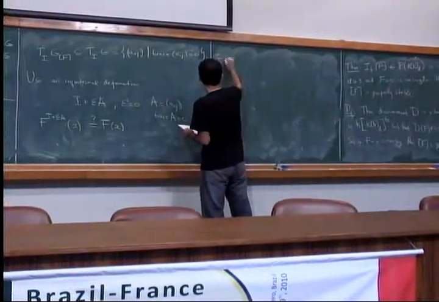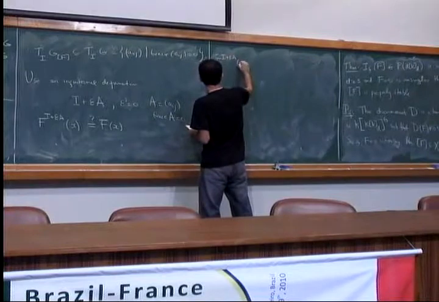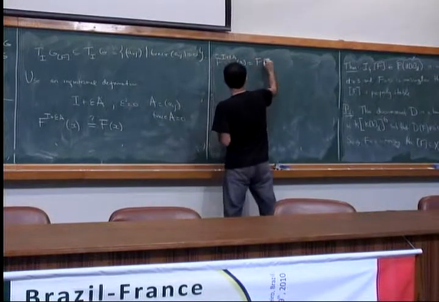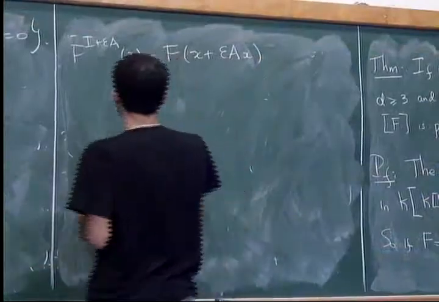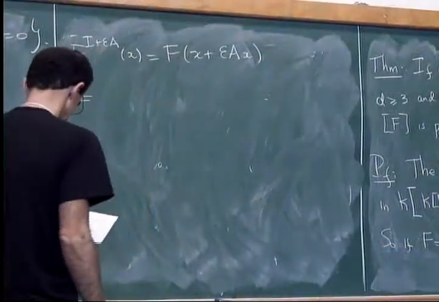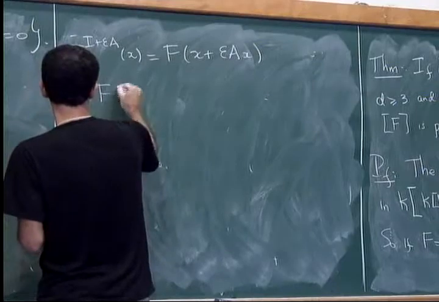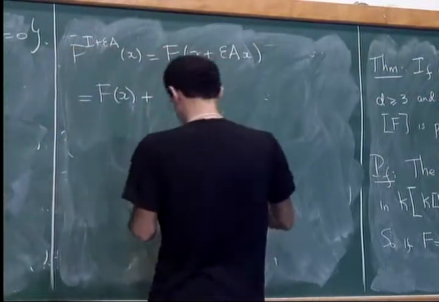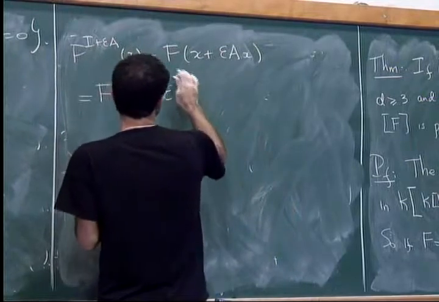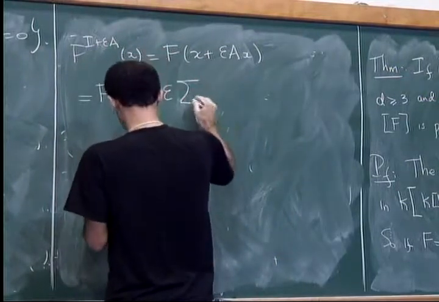So let's see what this is on this side. That's simply F of x plus epsilon Ax, and then we use the Taylor expansion around x, so that's F(x) plus the epsilon pops out, and I have to take the derivative at x.